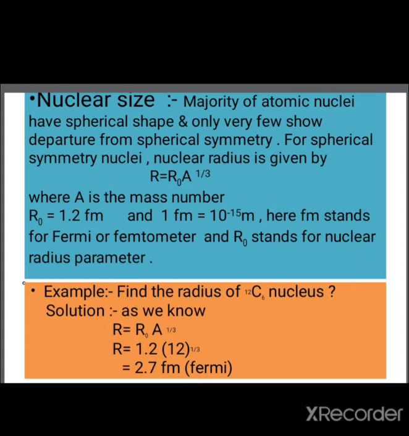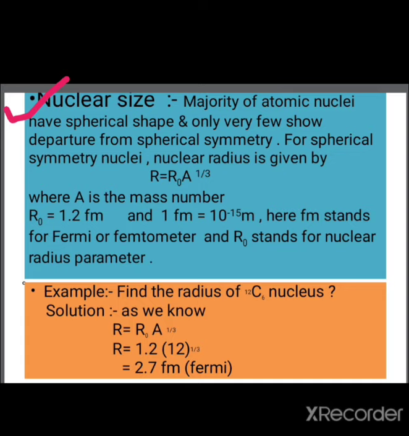Now, as I have already discussed the basic nuclear properties in the first lecture, what is the nuclear size of a nucleus. Majority of atomic nuclei have spherical shape and only a few show departure from spherical symmetry.